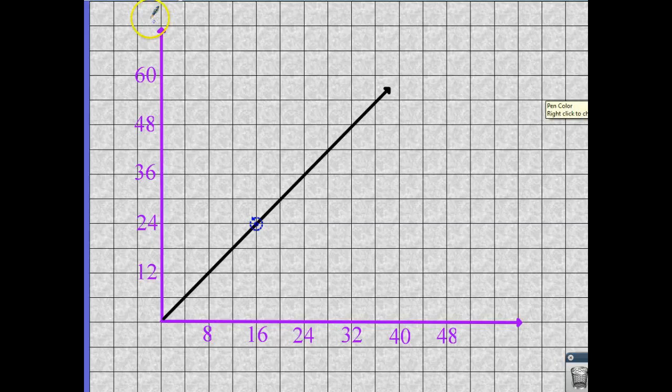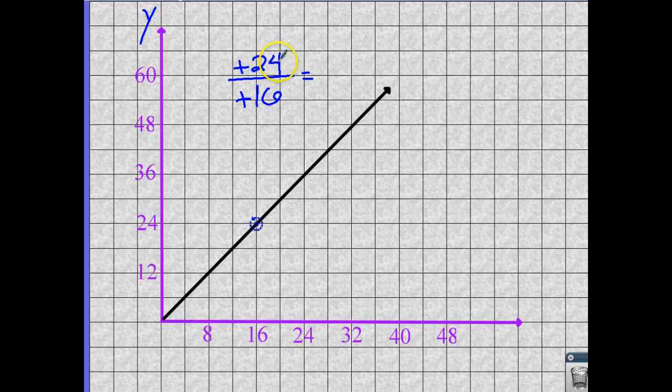Our rise, again, we start with our y-axis for our rate of change. So the rise would be 24 up, so up 24. And then our run, we ran over here, so that would be at 16. So we went to the right, 16. And let's reduce that. What is that?